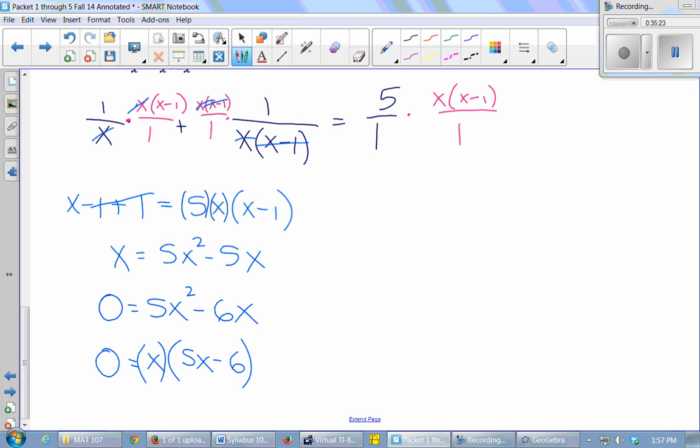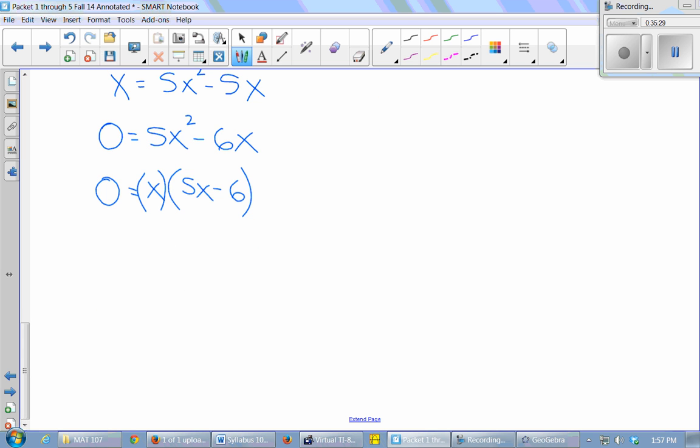What has to be true about one of those two numbers? Has to be 0. The only way to get 0 as the answer to a multiplication problem is if one of the factors is 0. So either x equals 0 or 5x minus 6 equals 0. But what do you know about x equals 0? Excluded, not a solution. So I solve this one and I get x equals 6/5.